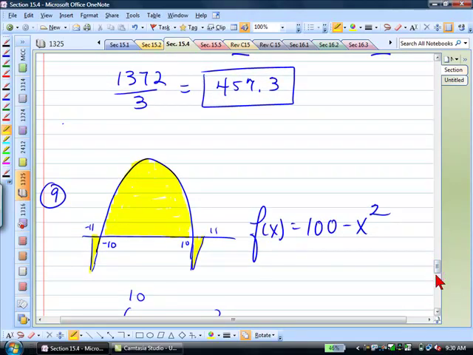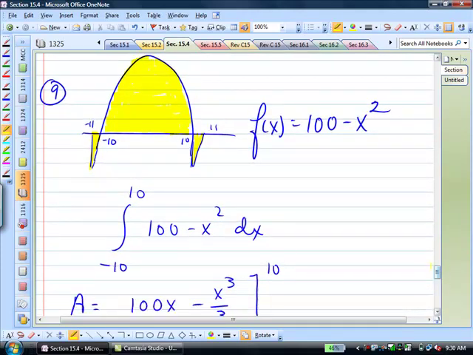So here's our picture. It's like your picture on your paper. And it gives you that that's the function, 100 minus x squared. Okay? If it didn't give you the picture, you could put that in the calculator and get that picture, but it did. So, first of all, let's get this area.